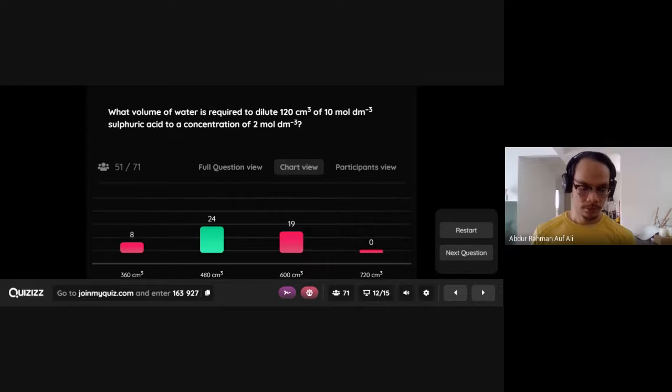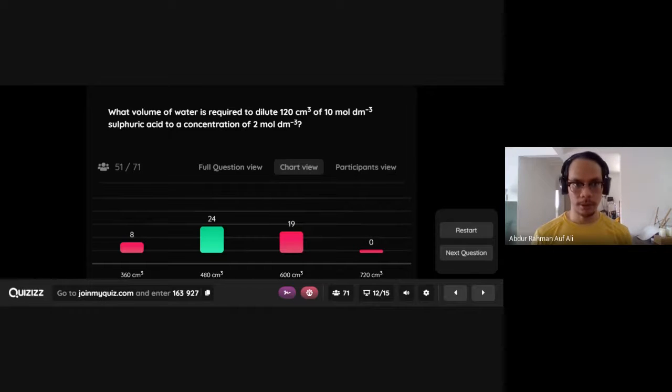So let's do it together. Okay, so nak jawab soalan ni, saya dah bagi tip tadi, guna M1 V1 equals to M2 V2. My tip for you, for students, is always write down whatever he gave you. So kat sini dia bagi tahu volume 120 and 10 mole dm per dm cubic adalah the concentration, which is the molarity lah.